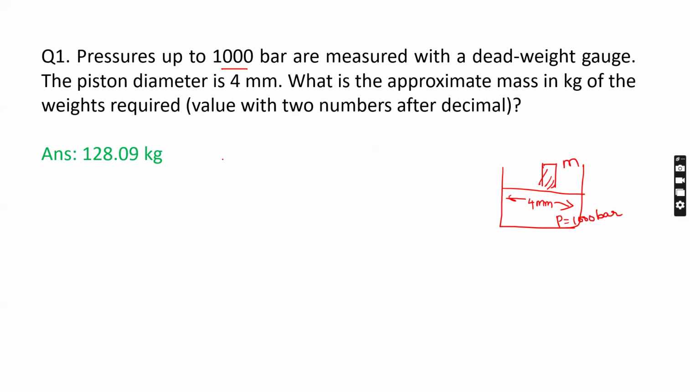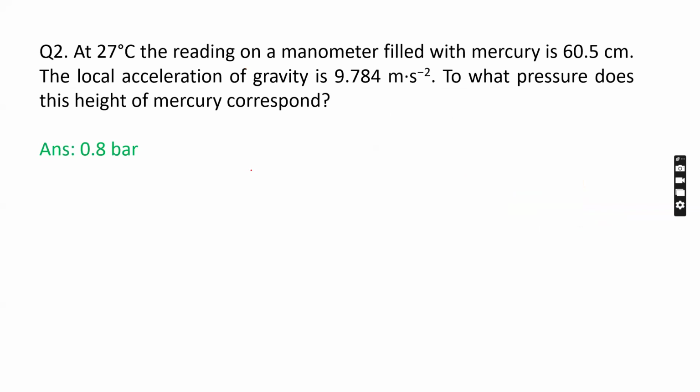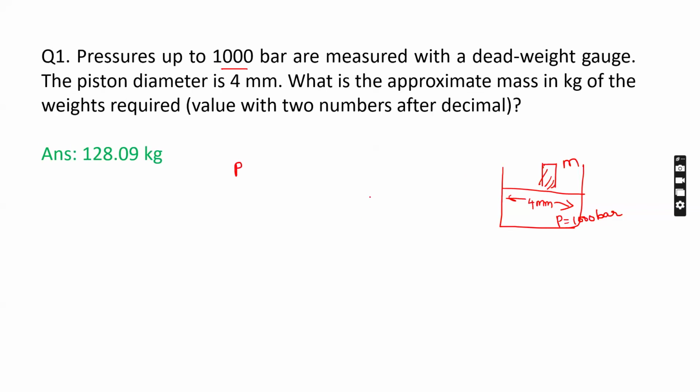Okay, so generally what we know, the force balance here is total pressure. Consider this is the pressure P absolute here. P absolute is equal to P gauge plus P atmosphere.